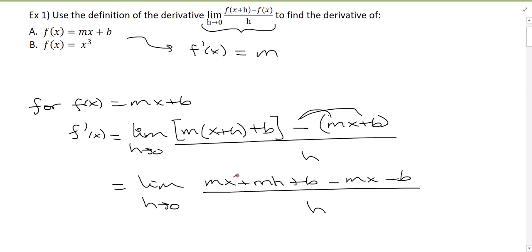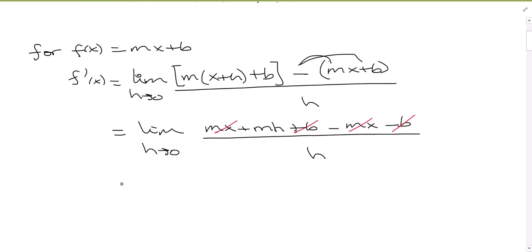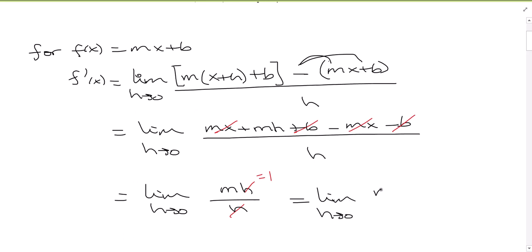Notice that mx minus mx, those cancel, and plus b minus b, those cancel as well. So what are we left with? We're left with just mh in the numerator. So this is the limit as h goes to 0 of mh divided by h. And h divided by h reduces to 1. So I'm just left with the limit as h goes to 0 of m.